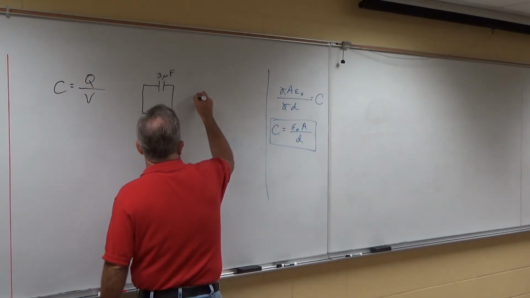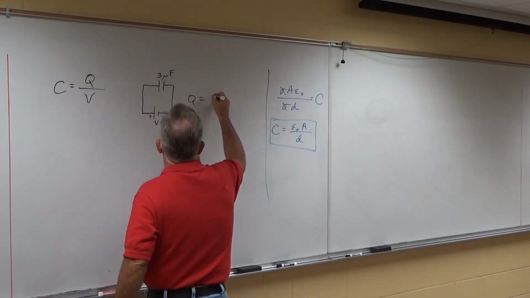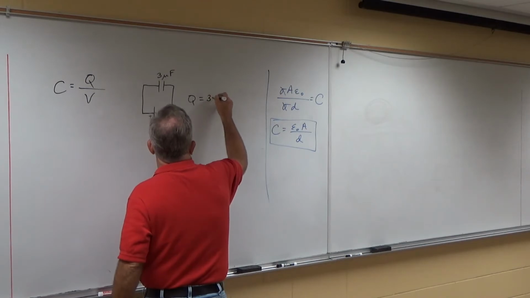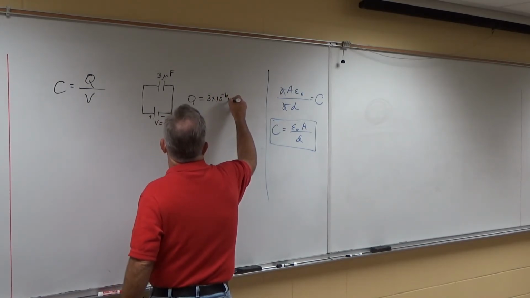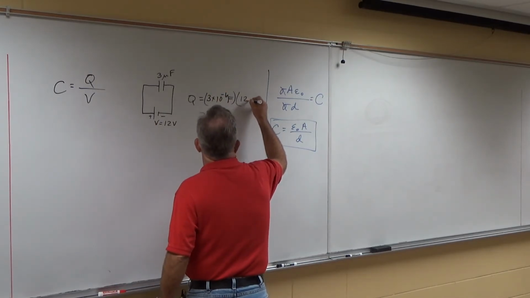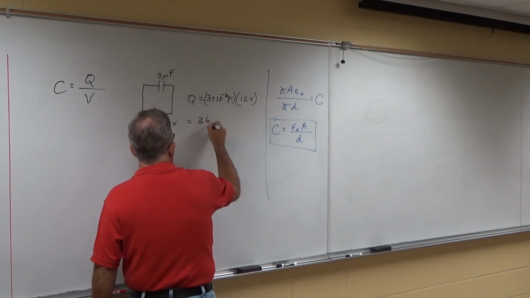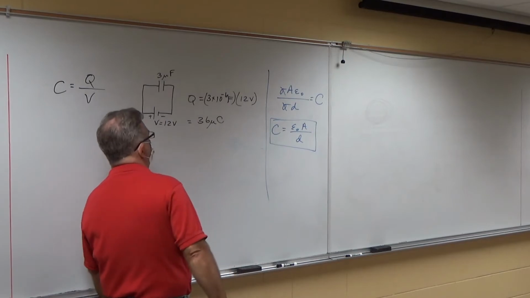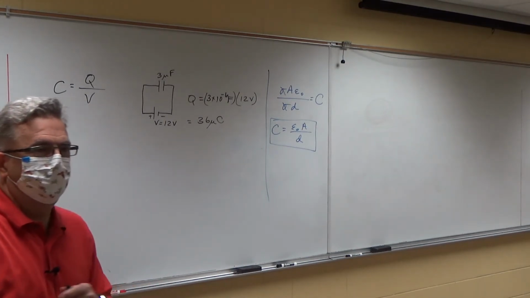Find the charge on the capacitor. Q is equal to C times V, so that's 3 times 10 to the negative 6 farad, times 12 volts, and that is equal to 36 microcoulombs. That C stands for coulombs.